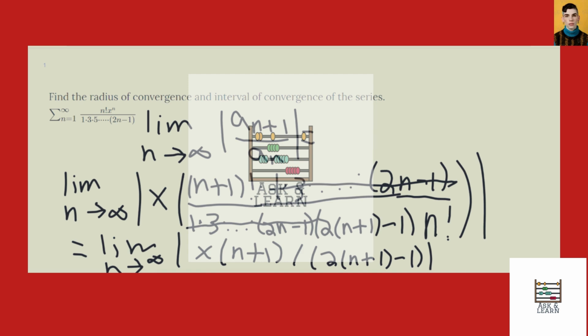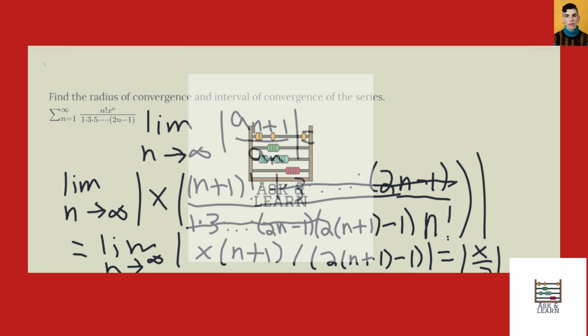As n goes to infinity, n plus 1 divided by 2 times n plus 1 minus 1 is going to be 1/2, because this is a linear term with leading coefficient 1 and this is a linear term with leading coefficient 2. So as n goes to infinity, the limit is 1 divided by 2, which is 1/2. So this is absolute value of x over 2.